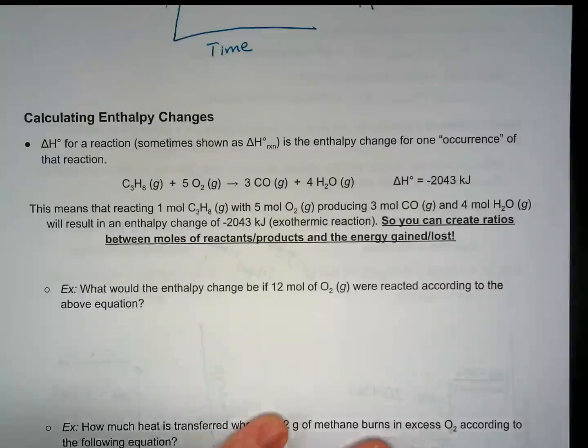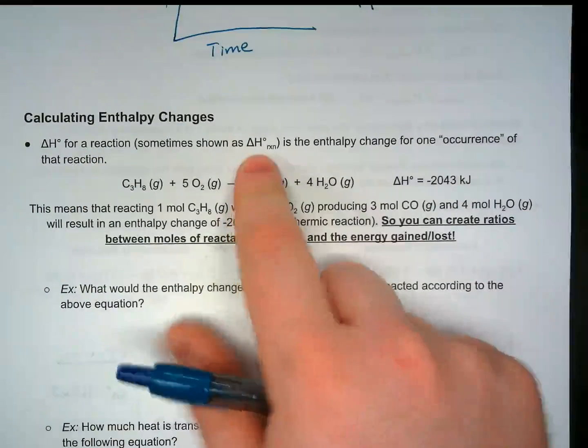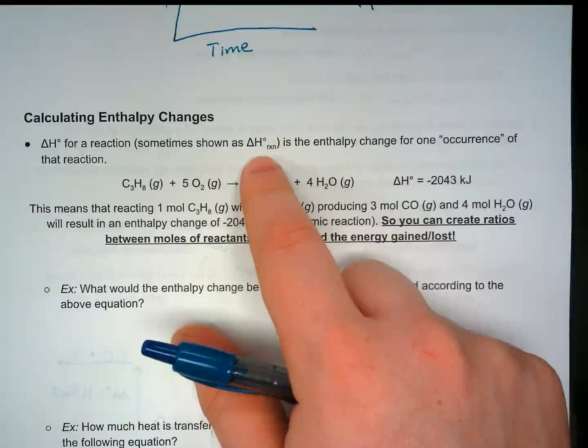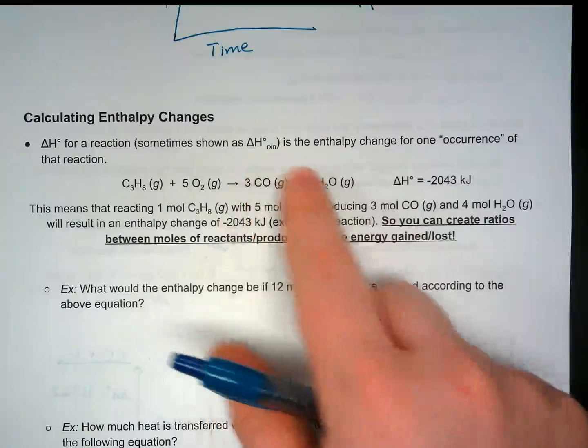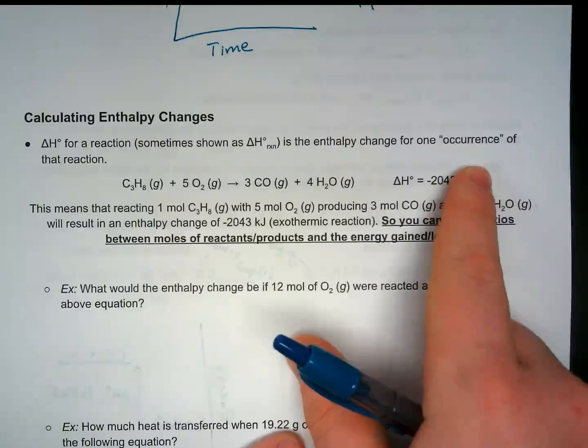So delta H, the change in enthalpy for a reaction, sometimes known as the change of enthalpy of a reaction, that's just subscript reaction, is the enthalpy change for one occurrence of that reaction.